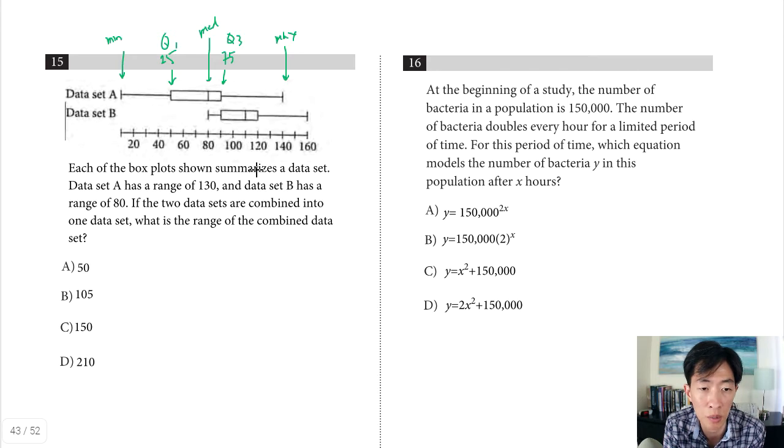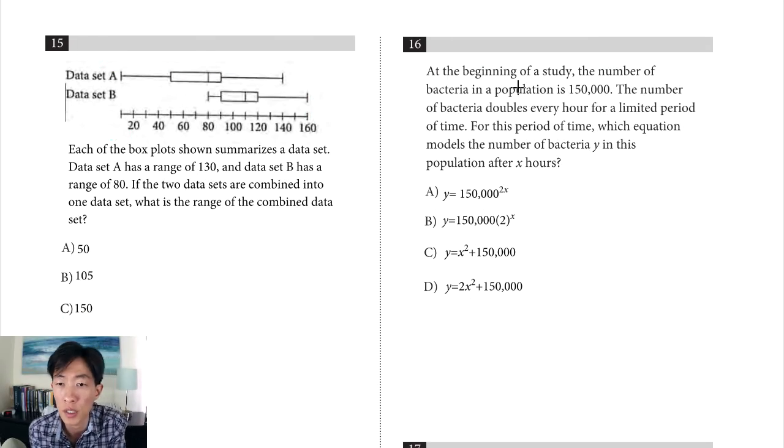So really, the minimum and max values are not going to change when you combine them. The minimum is going to be 10, and the maximum is going to be the max in data set B, which is 160. So that's your range, 10 to 160. And so the actual range is going to be 160 minus 10, which is 150. So C is the answer.